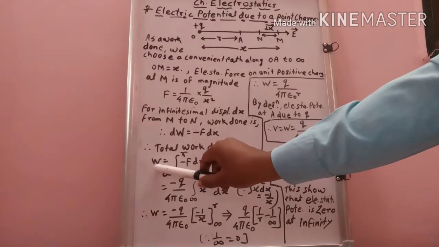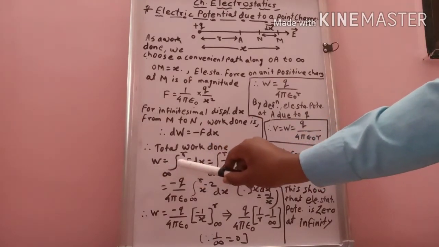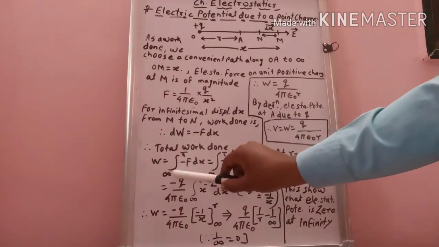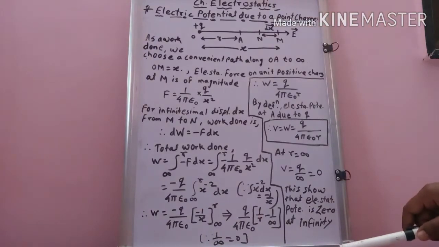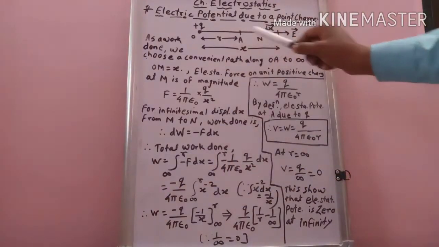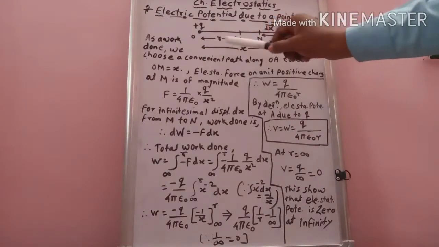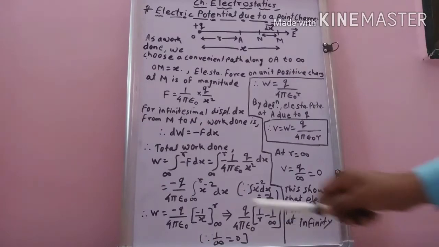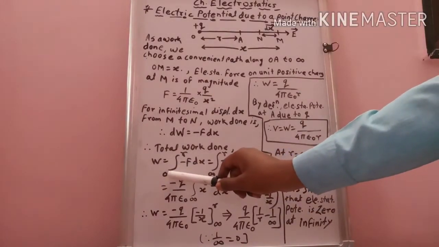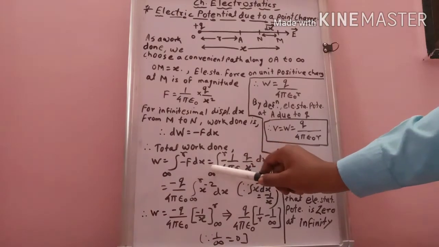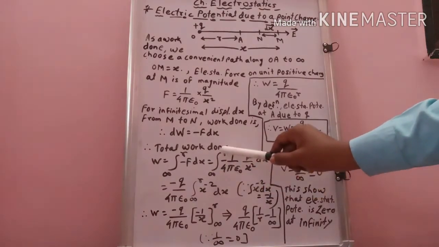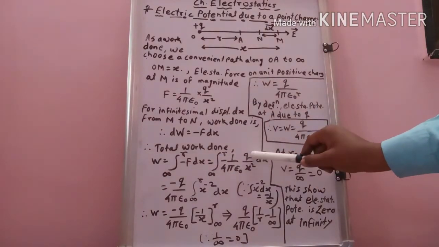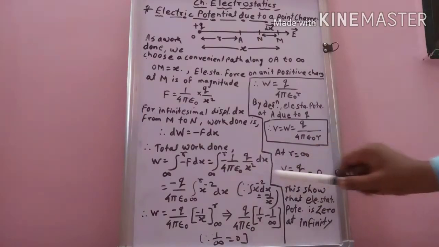Therefore W is equal to the integral from infinity to r of minus F dx, which is the integral from infinity to r of minus Q upon 4 pi epsilon naught x square dx.